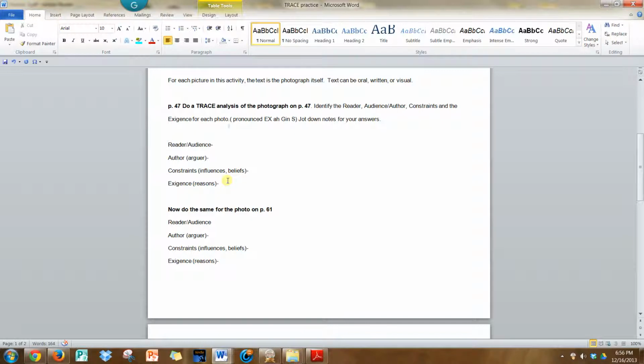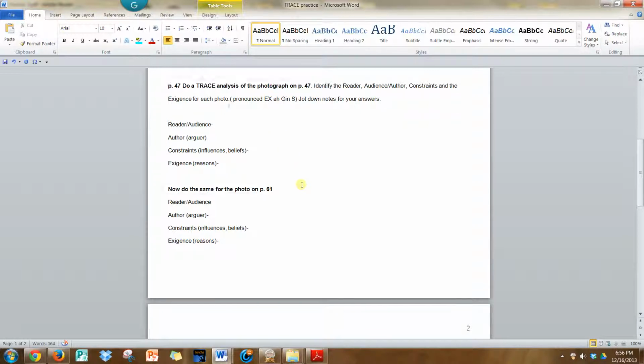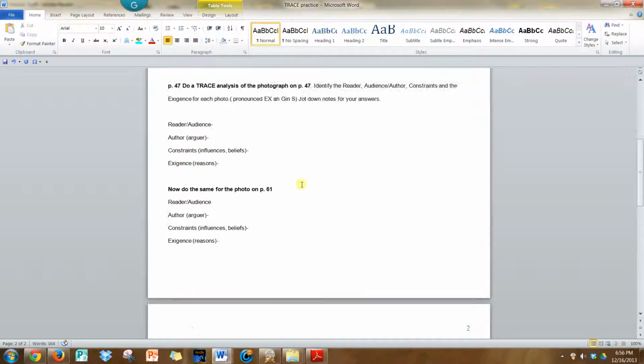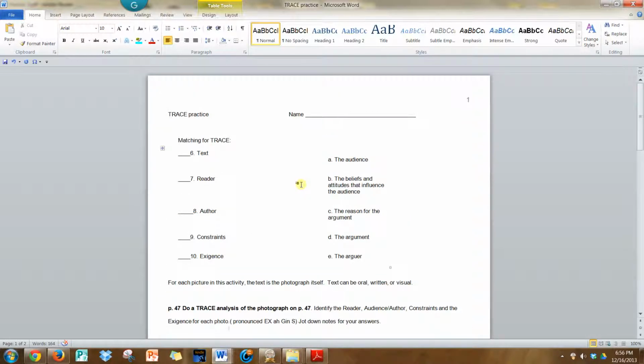So when you look at these photographs, you have to think about them to come up with what is the RACE, because like we said, the T is the photograph itself. That is the text of each of these arguments. So when that is finished, just upload it or turn it into the folder.